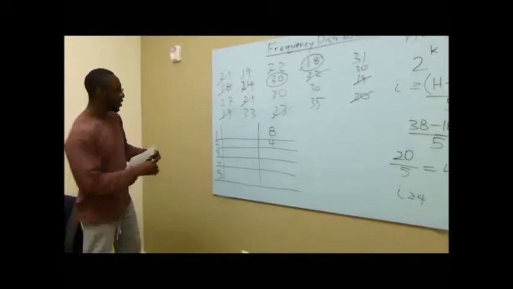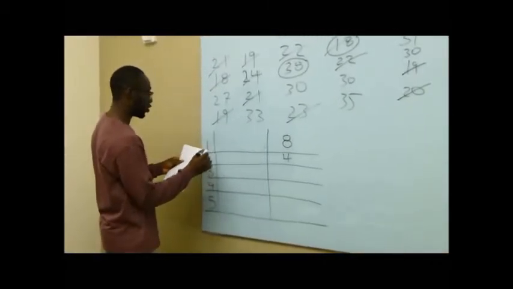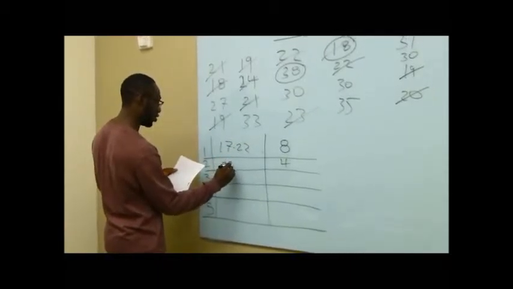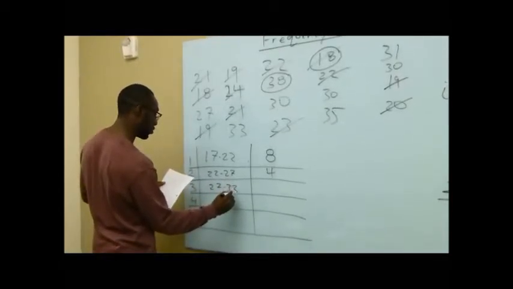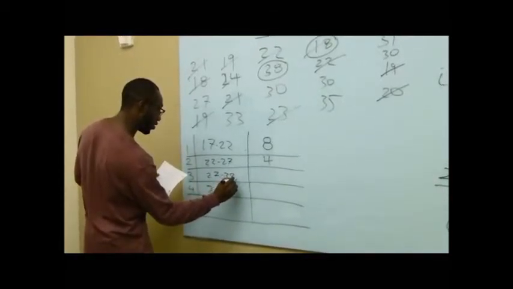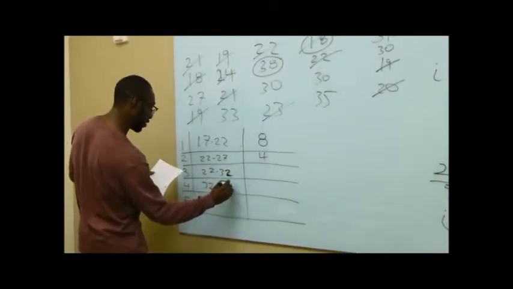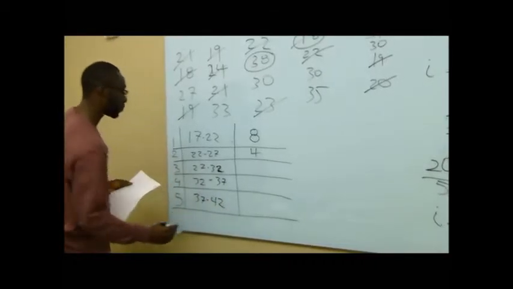Alright. So instead of it being from 18 to 22, we're going to do it from 17 to 22, 22 to 27, 27 to 32, 32 to 37, and 37 to 42.